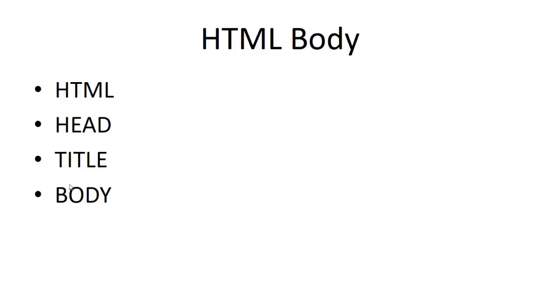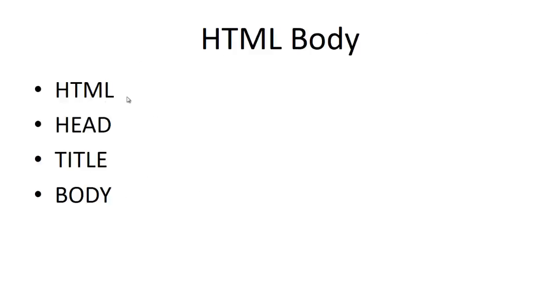This is kind of saying, okay, this is an HTML page, and then the next thing you'll see is the head. If you think about a human body, you have the head, and then right below that, you could have a name tag, like the title. And then right below that, you can have a body. And then of course you have your feet and everything like that. So that's probably the easiest way to think about it.